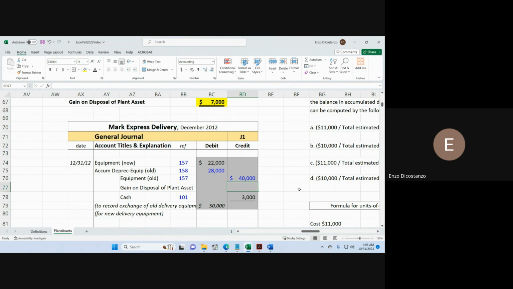So this is 7. Yeah, everybody's 50. Right there. Okay. That's your 7.